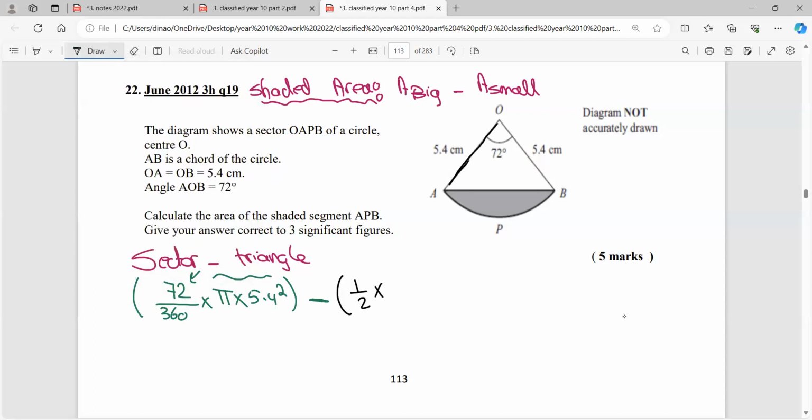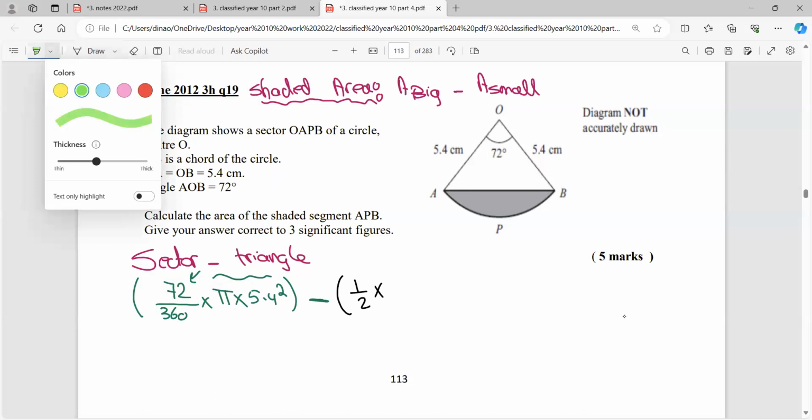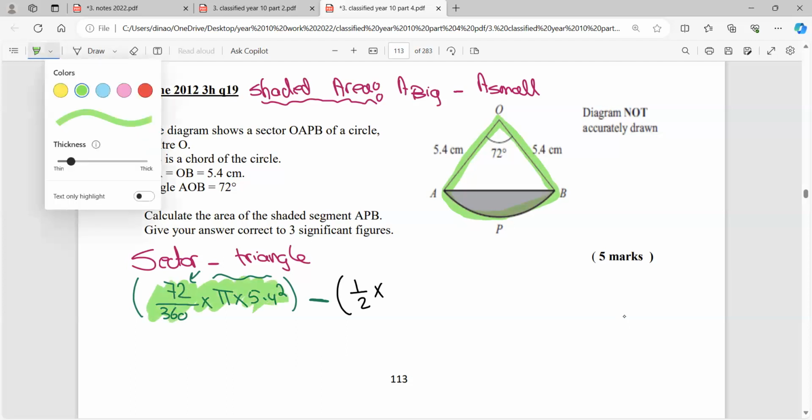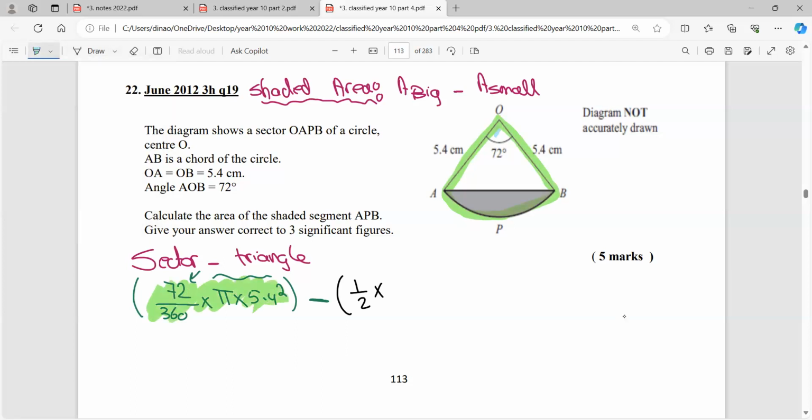This is the triangle, everyone. Let me highlight them so that they are clear for you. That's the sector, which has this area over here. And then the triangle, which has this area over here.